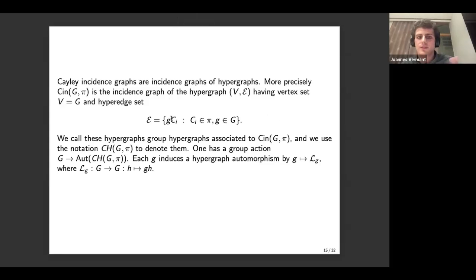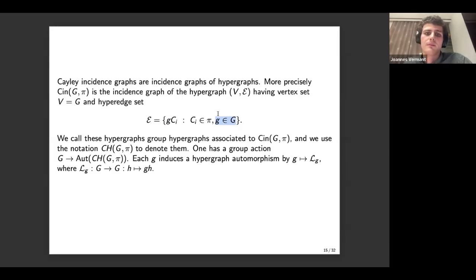And then Cayley incidence graphs are incidence graphs of certain hypergraphs. More precisely, we can define this hypergraph here. You put the vertex set to be equal to G, and you put the set of hyperedges to be equal to G times Ci, where Ci are the cells in this collection, and G are group elements.